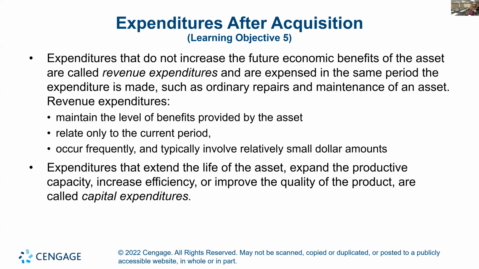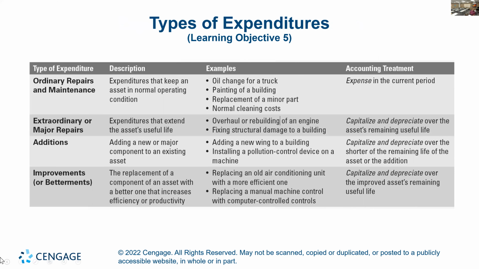Revenue expenditures get expensed immediately on the income statement, whereas capital expenditures become part of that asset, and we have to calculate it into the depreciation cost. So study this chart and get to know this. The accounting for it is not all that important for this class, but be able to determine if it is a revenue expenditure or a capital expenditure.